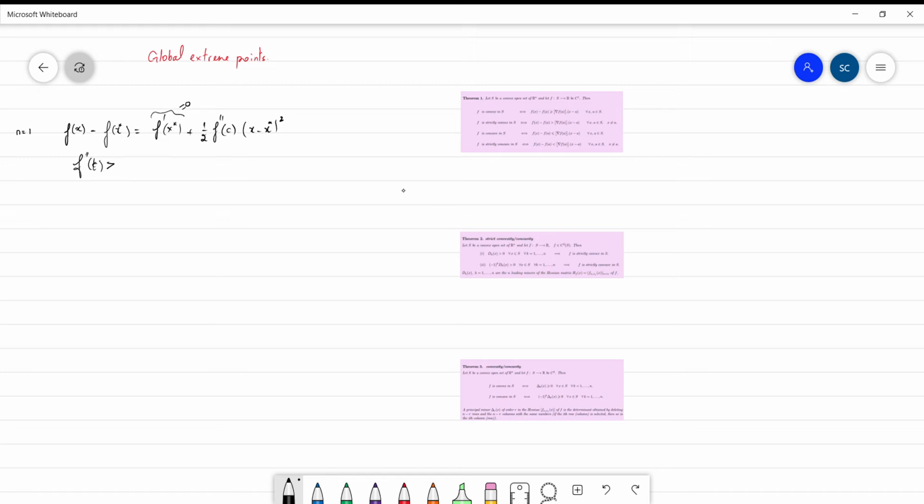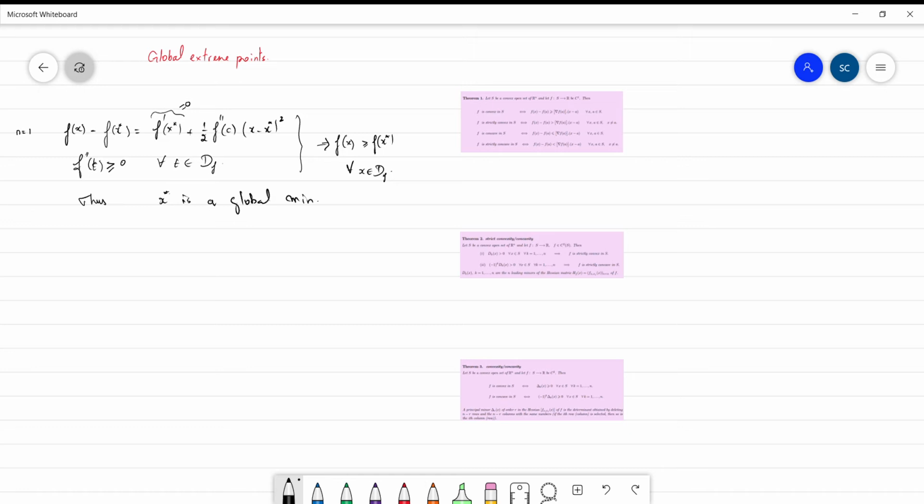If I had the second derivative positive everywhere, if I knew from the beginning that it was positive for any t in the domain of f, then we would have f(x) greater than f(x star) for any x in the domain, and thus x star is a global minimum.